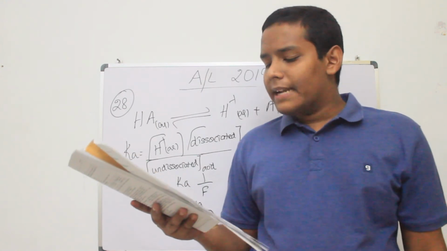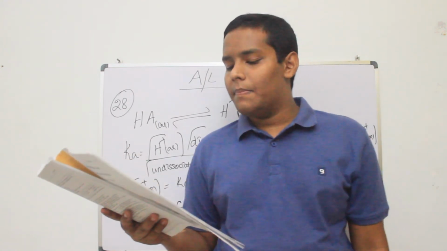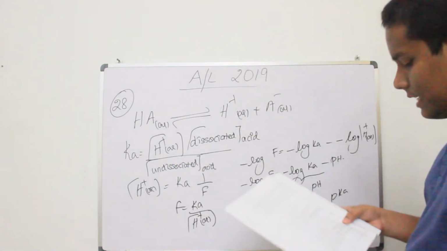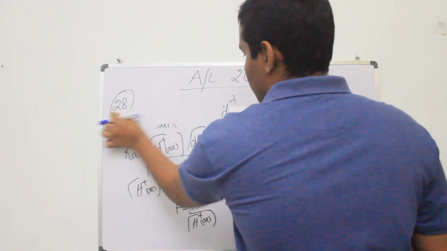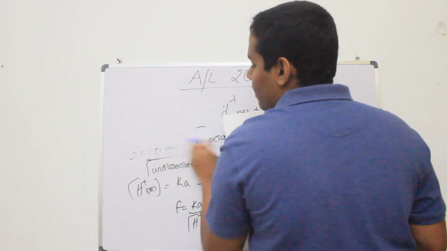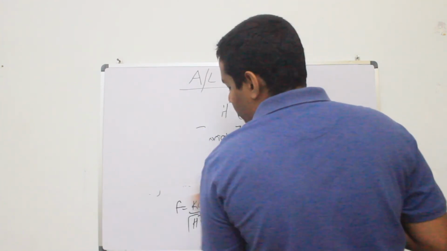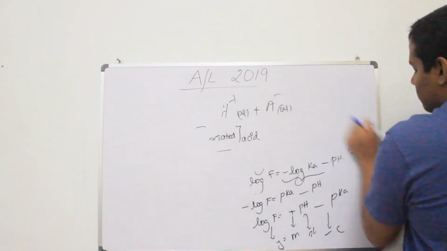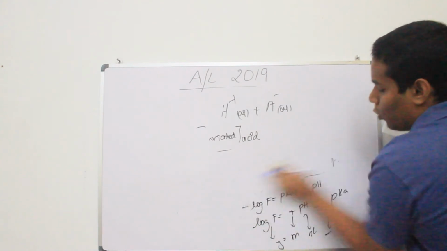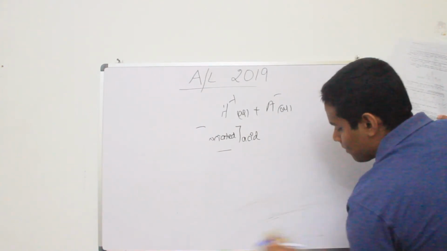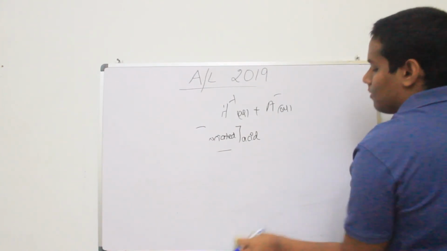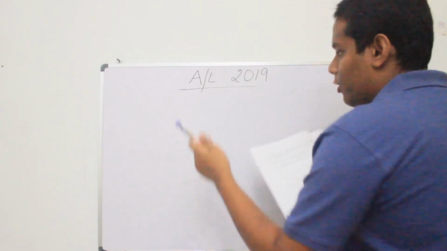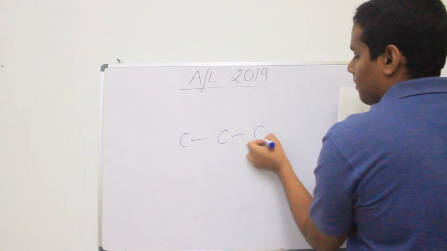The number of carbon atoms in the repeating unit of natural rubber is 4. Is it 4? What is the monomer of natural rubber? Isoprene. An isoprene molecule has 4 carbon atoms like this.